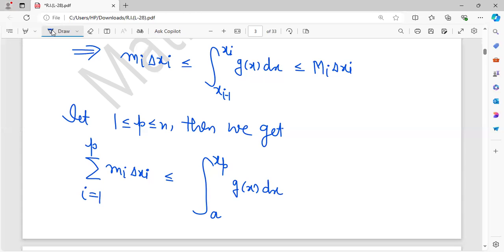When we take summation of this integral, the initial point is a and the final point is x_p, which is less than or equal to summation i goes to 1 to p of Mi. Let's call it 1.